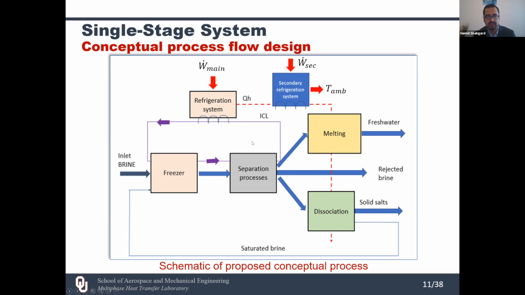It circulates in a separate loop. It cools the brine and freezes it. This slurry of the cooling liquid and unfrozen brine and ice is introduced into a separator, and ice, unfrozen brine, and the salt hydrates are separated, and each of them follows either melting, dissociation, or recirculating back to the freezing chamber.